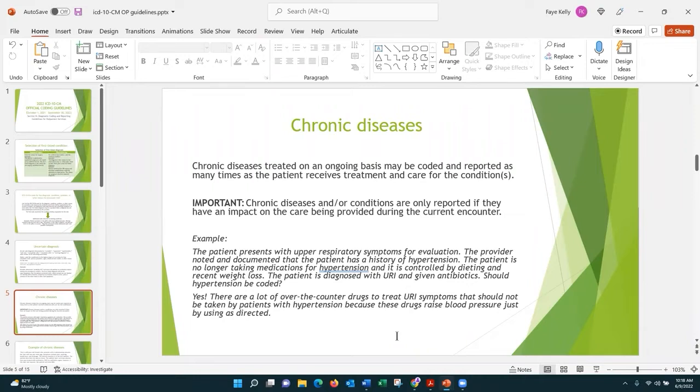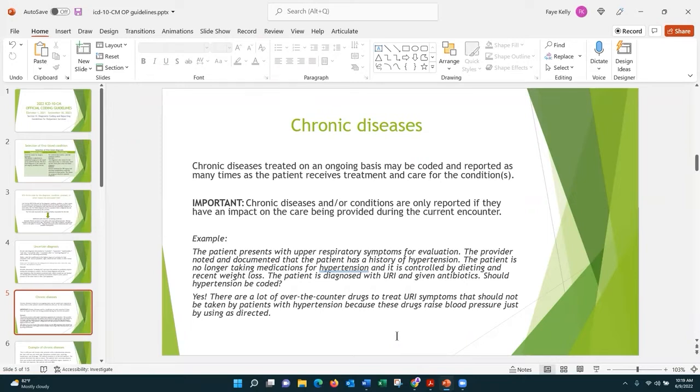You know that you're going to code it, even though he's no longer taking medication for the hypertension. It's still part of the chart as a diagnosis, and the way of control is no longer by medication. It's by the patient himself actually working on getting his blood pressure down through diet and exercise. The other thing I put as a rationale is that there are certain over-the-counter medicines that elevate our blood pressure.